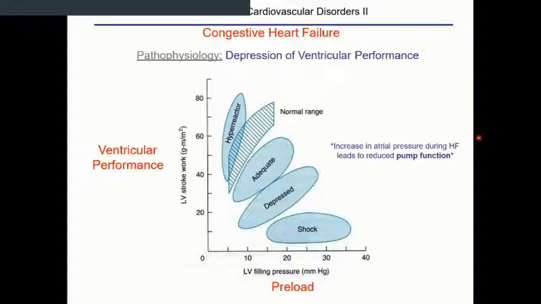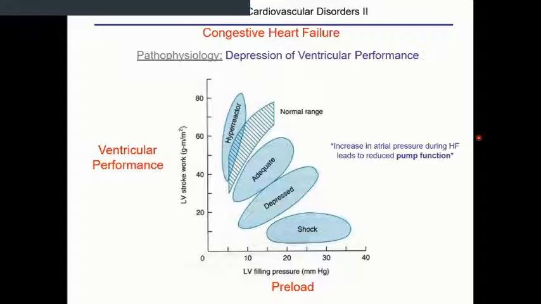So the term congestive heart failure is overused and non-specific, often being applied to states of hypervolemia unrelated to cardiac dysfunction. Conversely, not all patients with heart failure have signs and symptoms of congestion or low output.